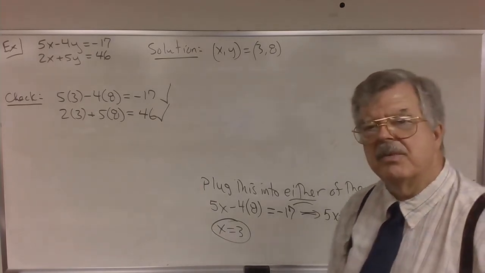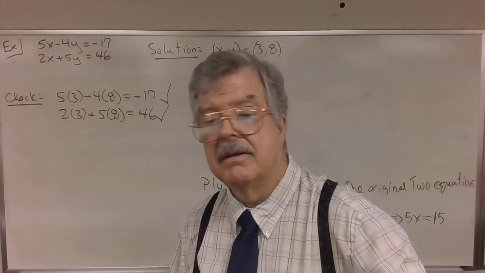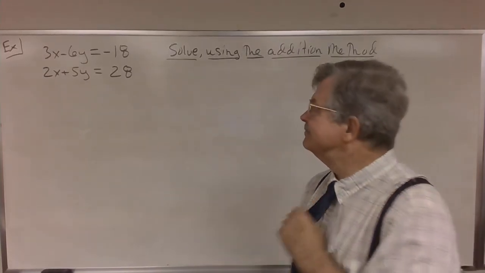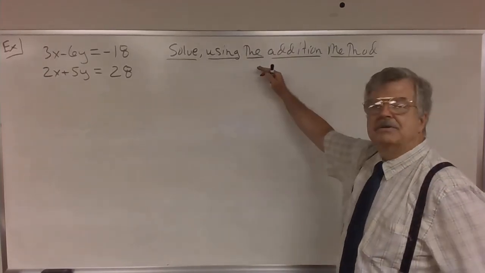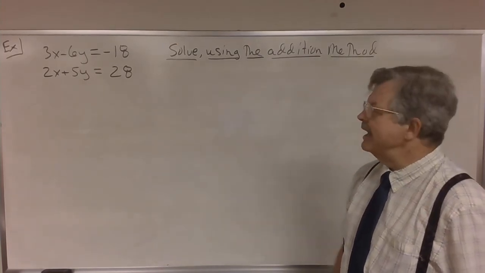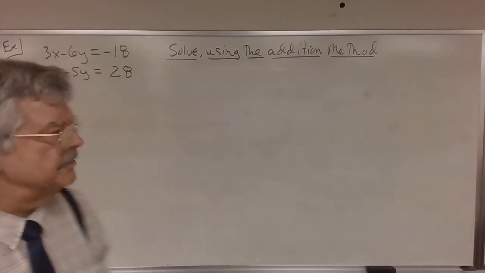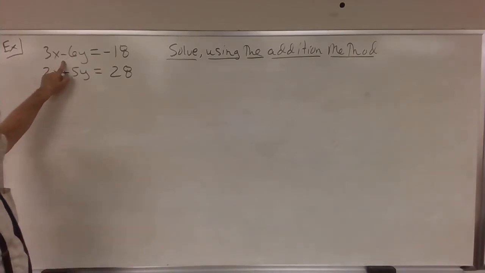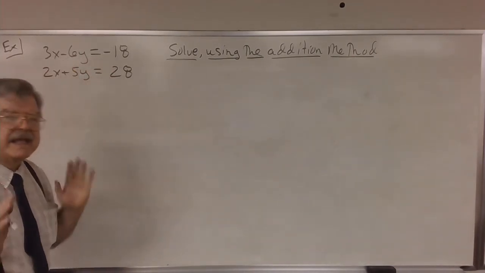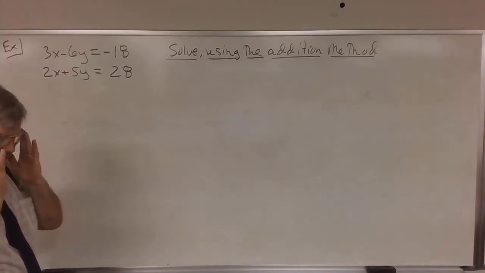Let's try another one. And we'll do another one using the addition method. And remember, the idea is that we can multiply both sides of an equation by any non-zero number.